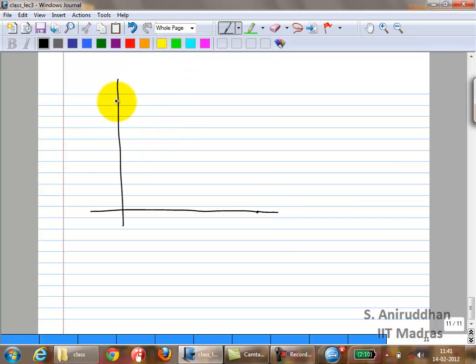Now let's say your original case, when TD was 0, V out looked like this. So you have two cases, right?